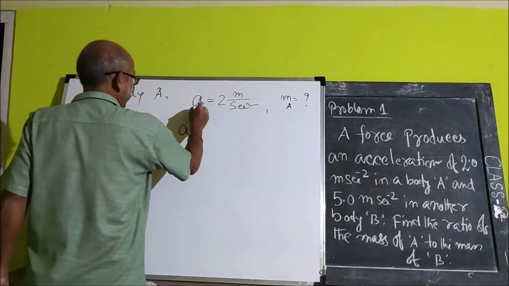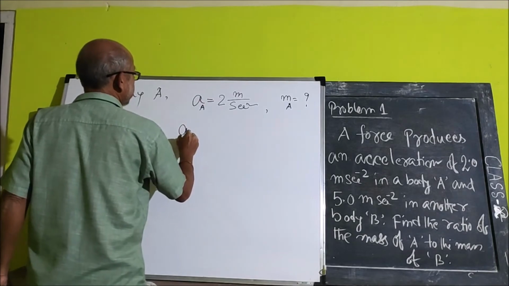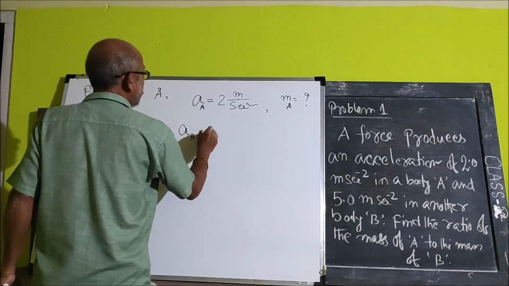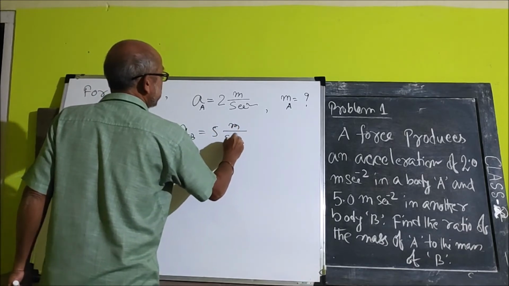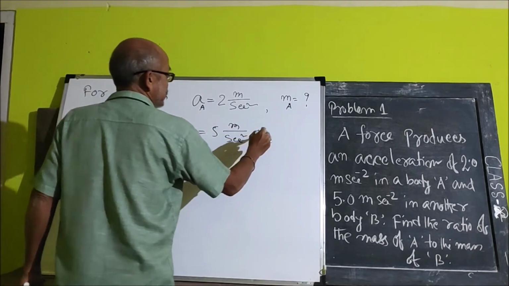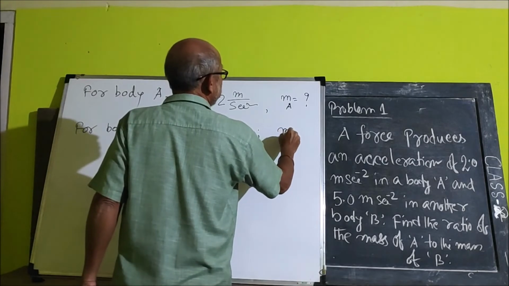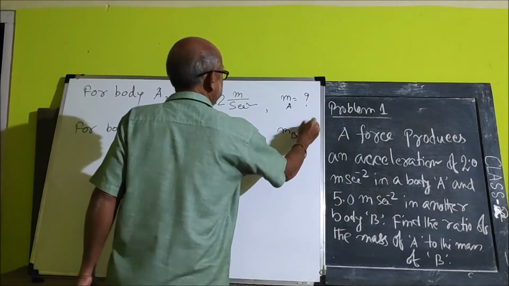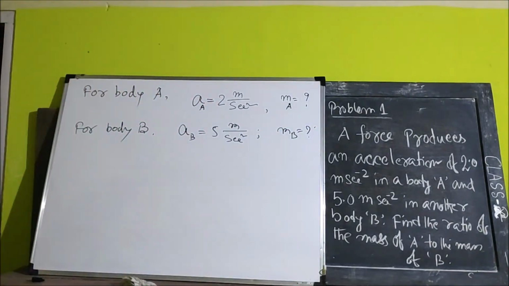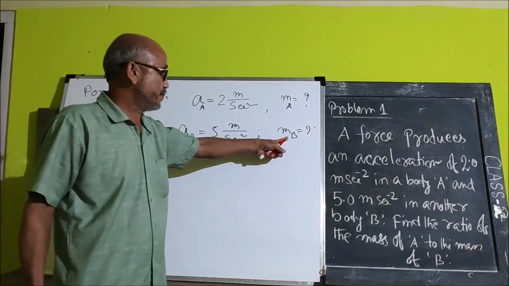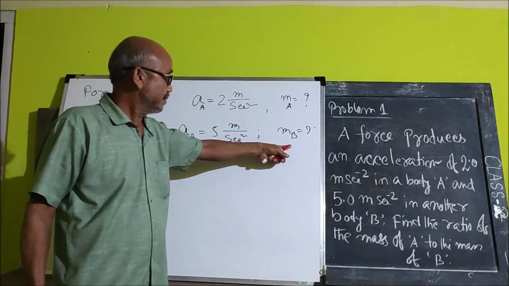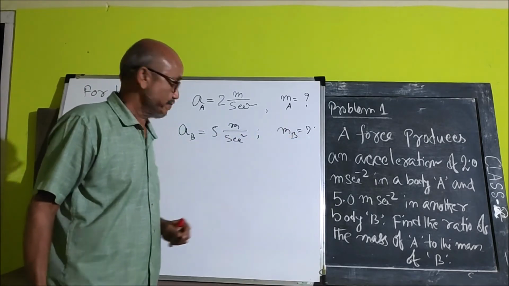Acceleration for A is 2 meters per second squared, and acceleration for B is 5 meters per second squared. Here also mass A and mass B are not given.